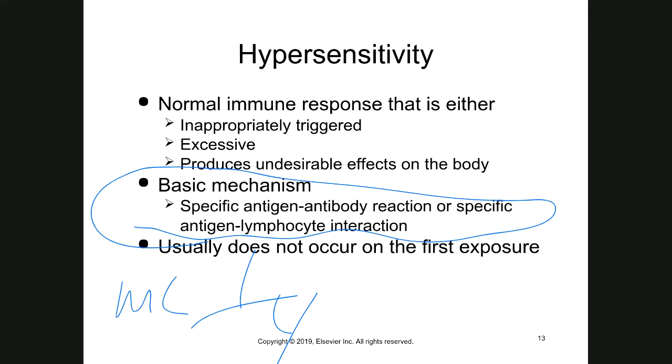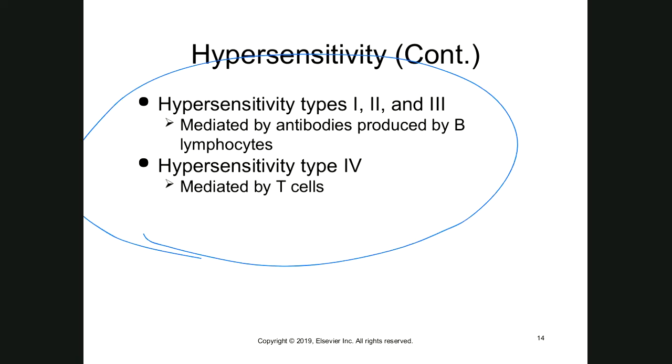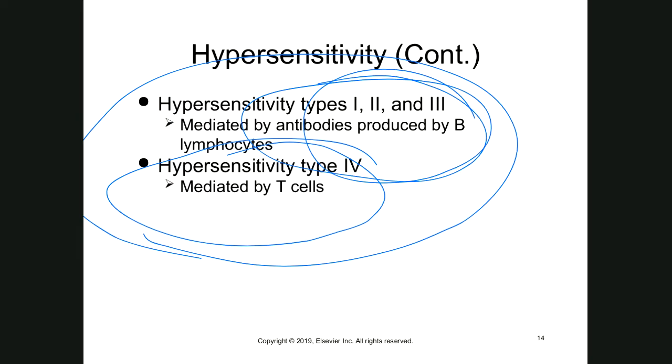Let's move on to the next one. We go to the 4 hypersensitivities. Pay attention to these particular slides because I will try to trick you, especially about which belong to hypersensitivity type 4 and which are related to the other 3.